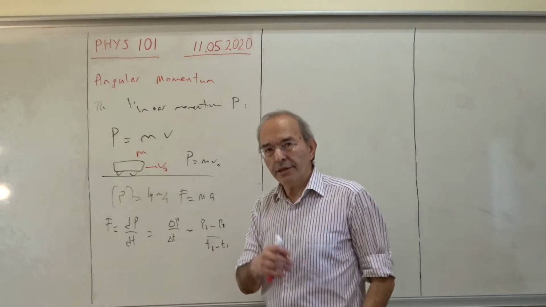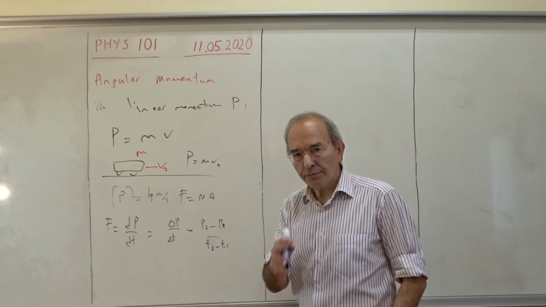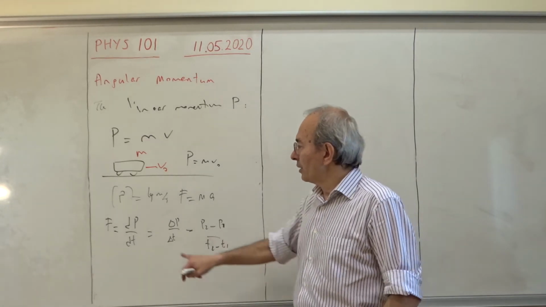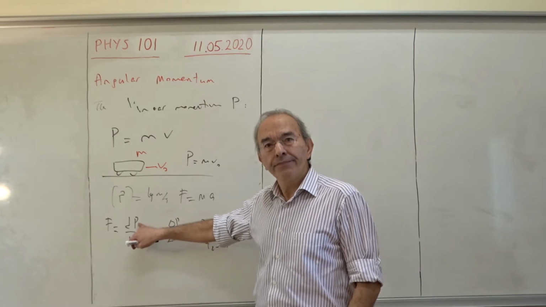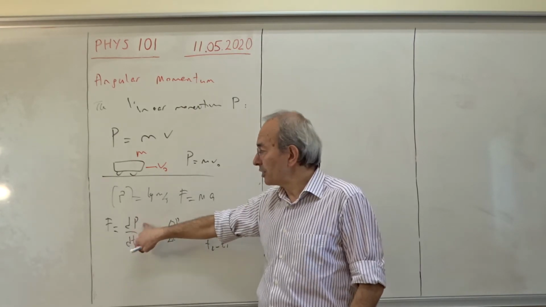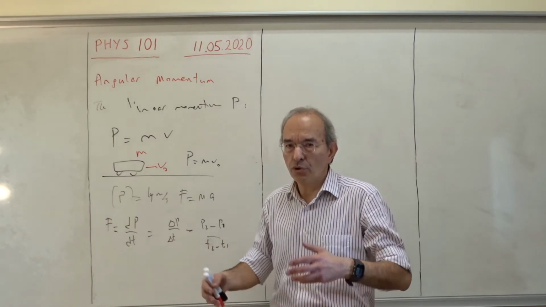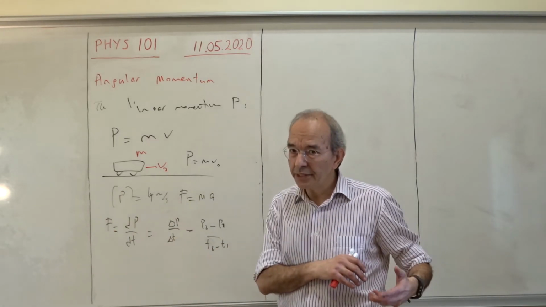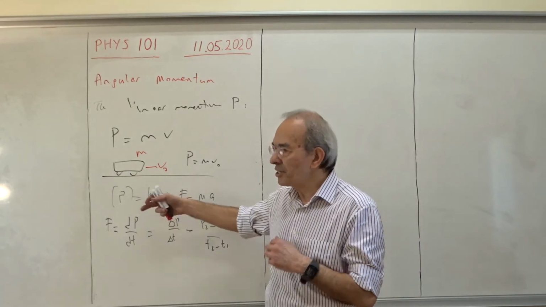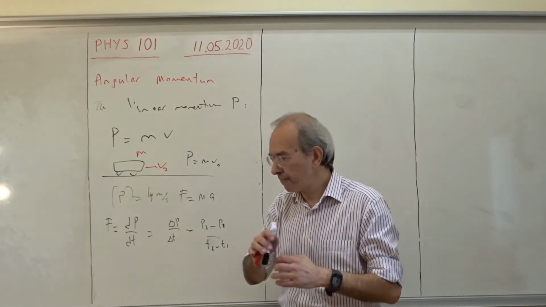Delta P by delta t: if there is any change in the momentum, then necessarily some force is acting on it, or vice versa. If a force is acting, it means its momentum is changing, maybe increasing, maybe decreasing.